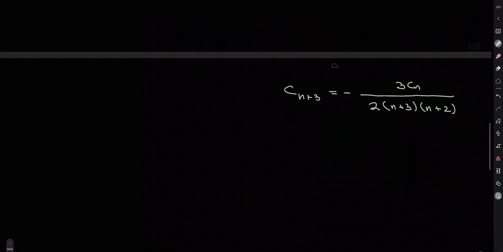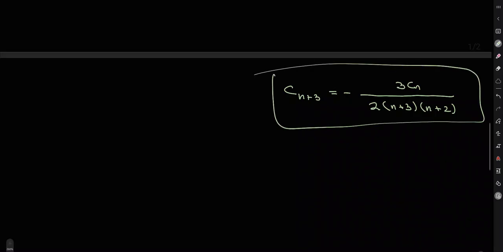And let me box it. We really need it. All right. So this time around, the coefficient of the form c sub 3k plus 1, that is c1, c4, c7, etc., right?